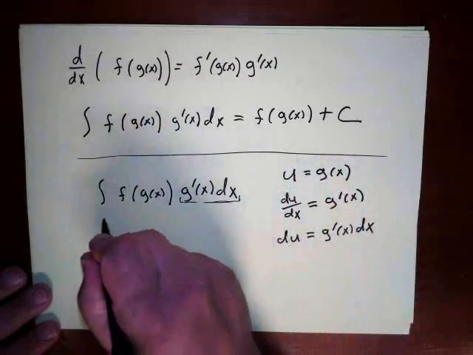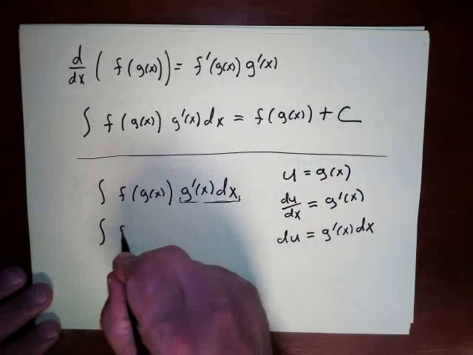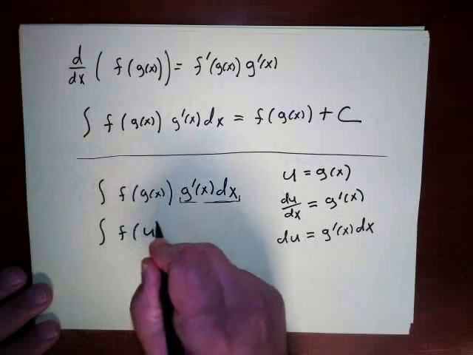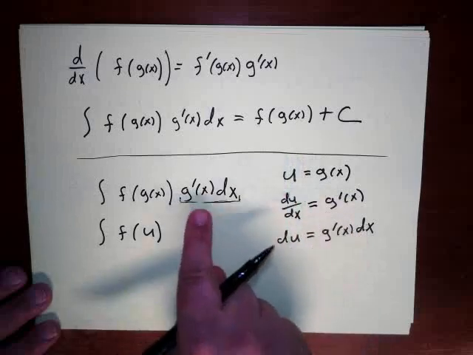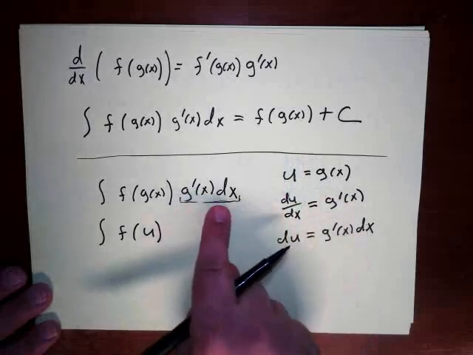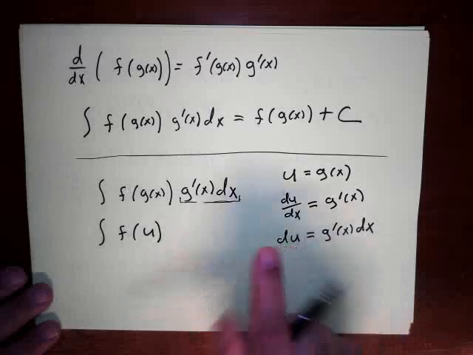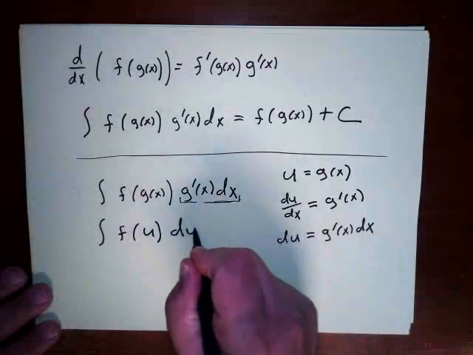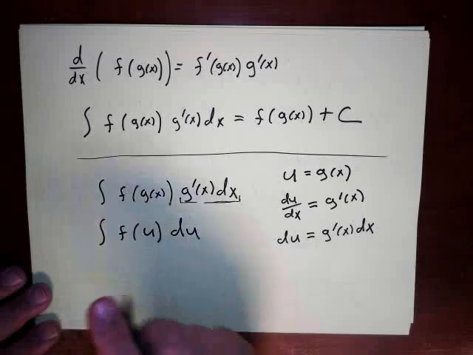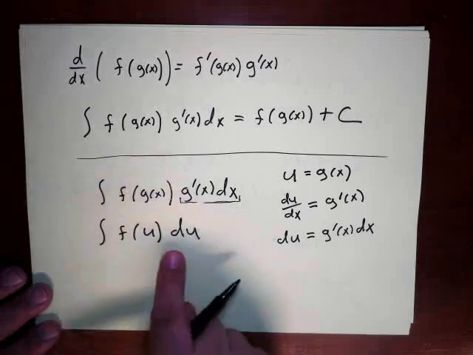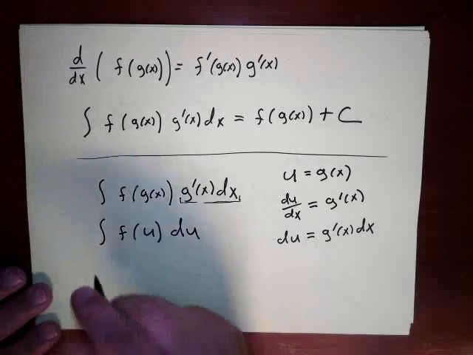And so what I can do is rewrite this as f of u, replacing the g of x with u, but now I can replace the g prime of x dx with du. And so what you have here is just a simple antiderivative.